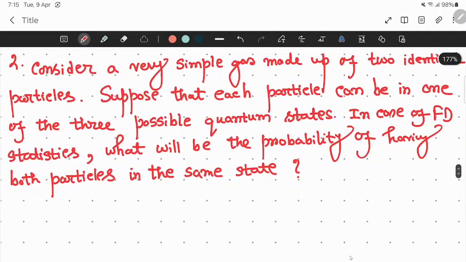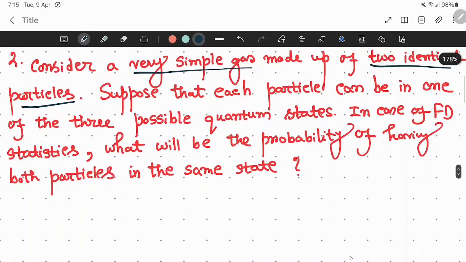So they are asking that very simple gas, two identical particles. You can think like H2, two identical particles made of hydrogen atoms.